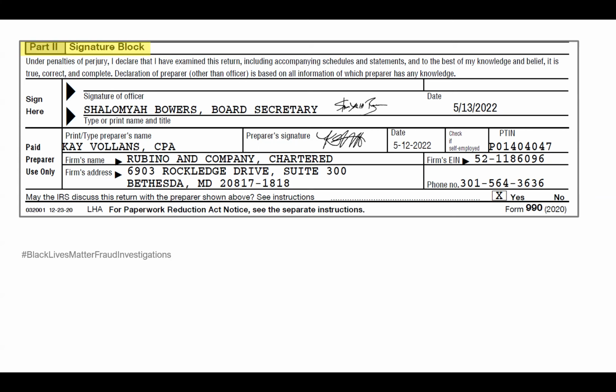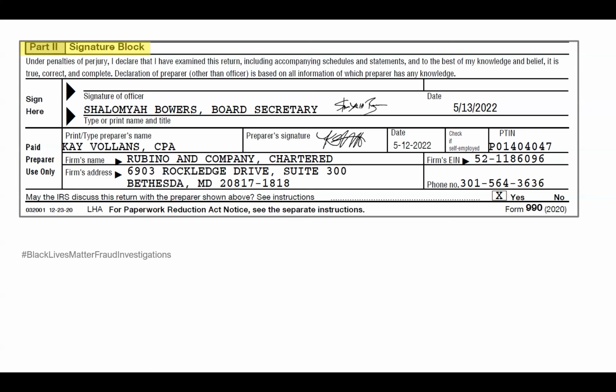Declaration of preparer other than officer is based on all information of which preparer has any knowledge. Now, I want to say that last sentence again. Declaration of the preparer, other than the officer, is based on all information of which preparer has any knowledge.